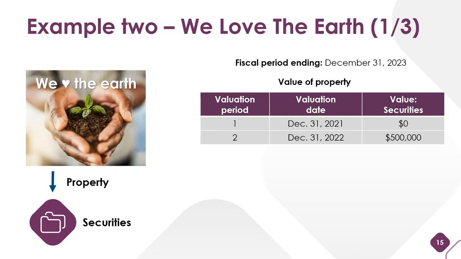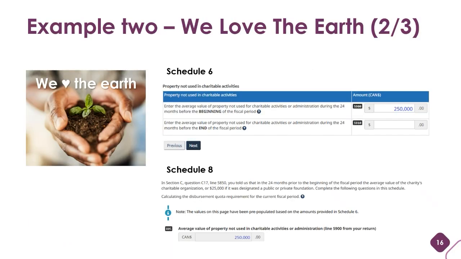To find the average value of the charity's property, we add the combined value of their property from the past 2 valuation periods and then divide that by 2. $0 plus $500,000 divided by 2 equals $250,000. Based on that, the charity writes $250,000 on line 5900 in Schedule 6 of their information return.